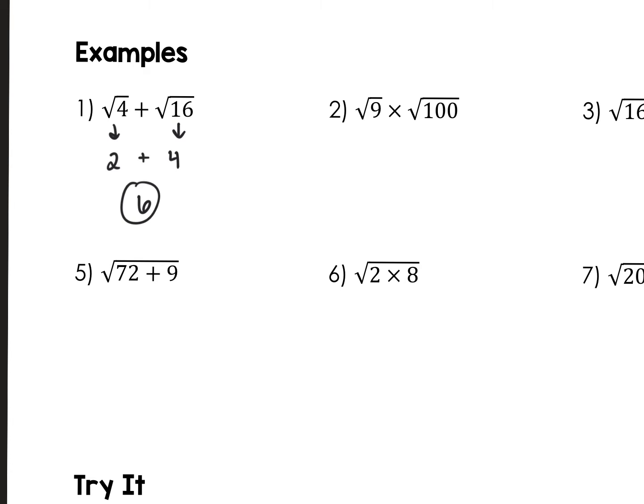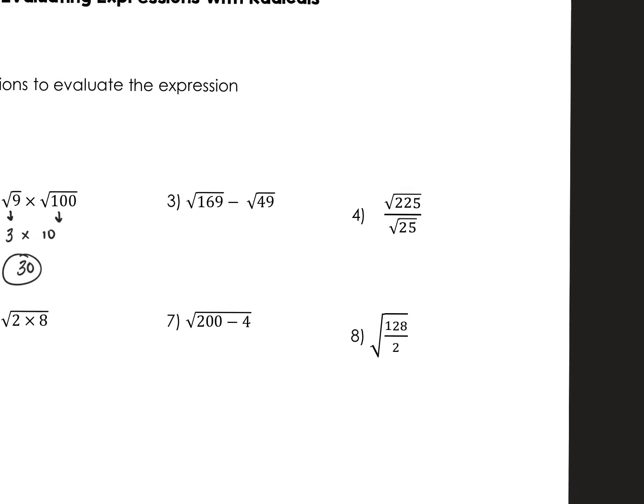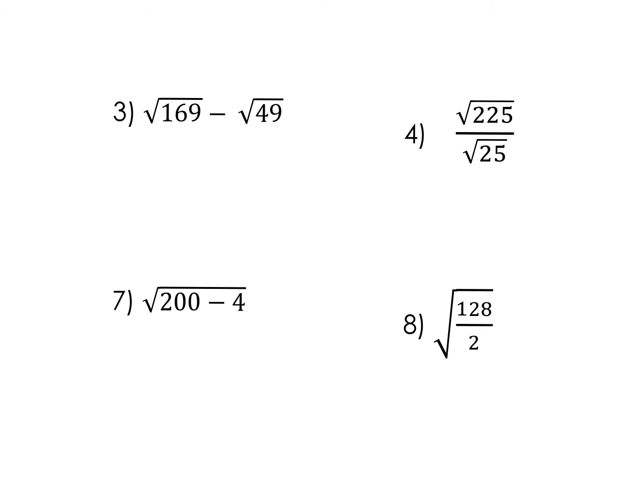In the next one, square root of 9 is 3. Square root of 100 is 10. 3 times 10 is 30. If you don't know your perfect squares and square roots off the top of your head, so let's see, do things get weirder? Yeah, we can subtract. The square root of 169 is 13.